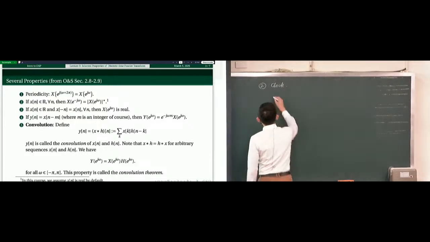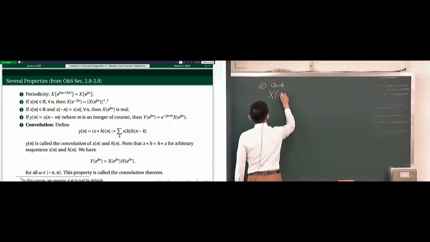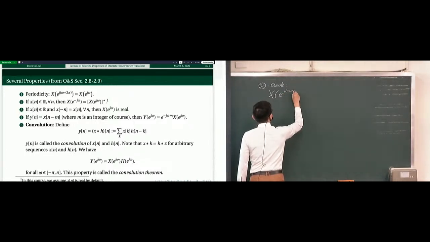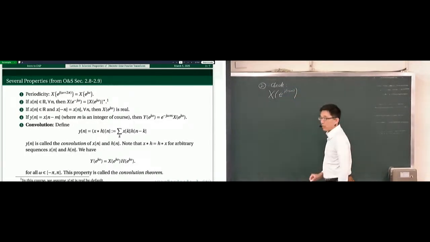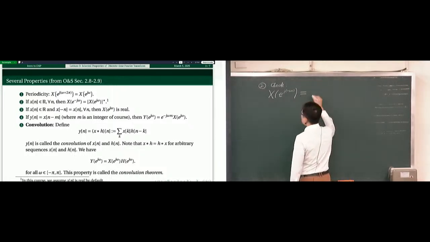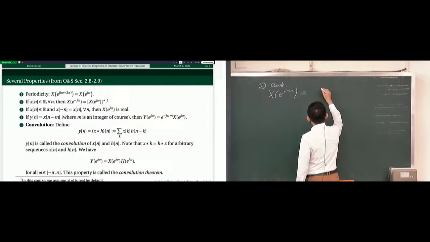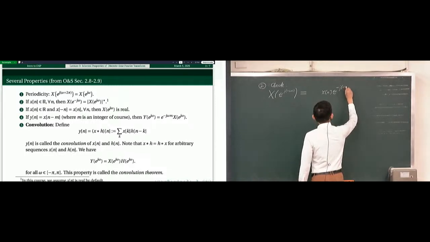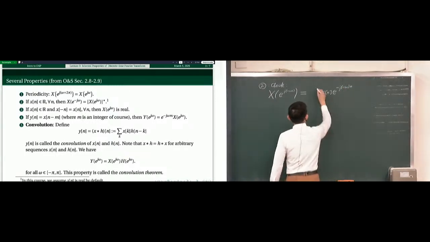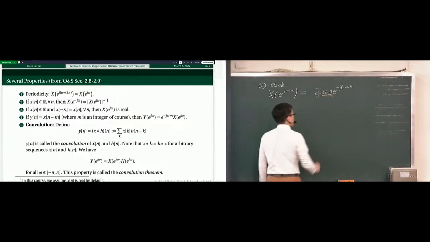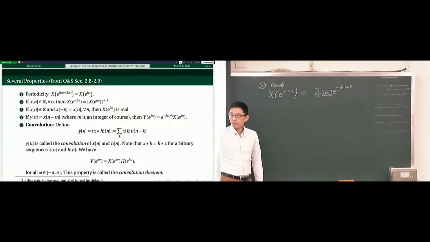Easy enough, we are going to evaluate our spectrum at negative omega. By definition, we have x[n] e to the minus j, but minus omega n, and we sum over all n, where we assume x[n] is real to begin with.